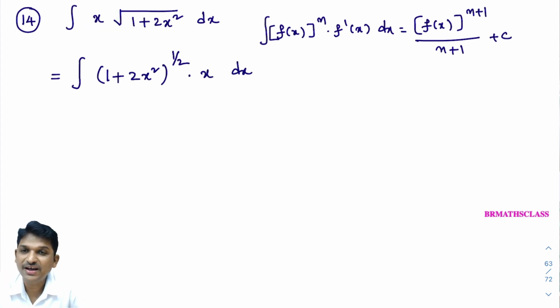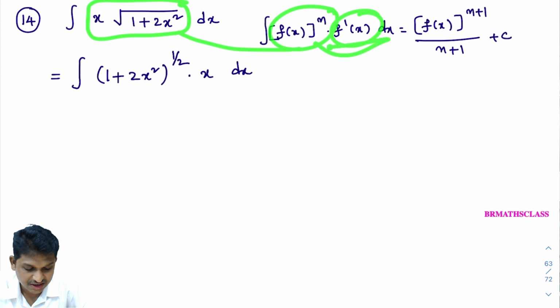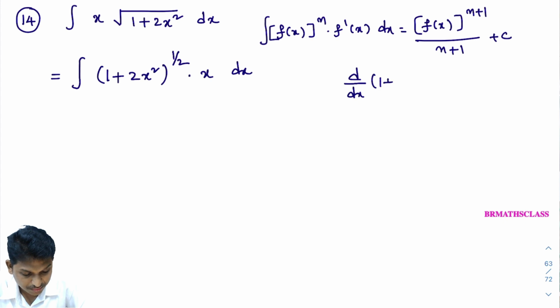Now what I am trying to do is write this in the form of f of x whole power n into f dash of x dx. Look here, this is f of x. What is the derivative of 1 plus 2x square? The derivative of 1 is 0 plus the derivative of 2x square.